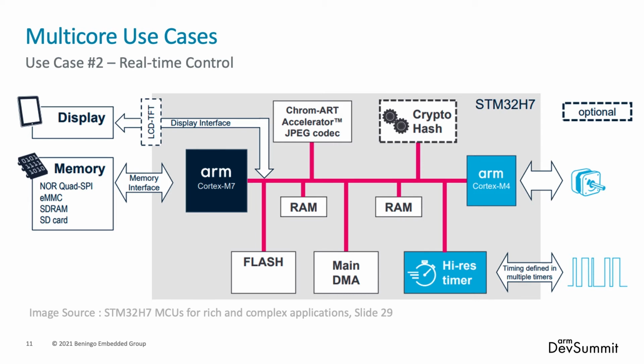Maybe we're talking to a display unit, we're working with memory. Those are two very highly real-time sensitive applications, right? And so instead of trying to have all that jam-packed and controlled by a single core, we can take all that real-time control and separate out into two different problem domains and let each processor be a master of one of those domains.